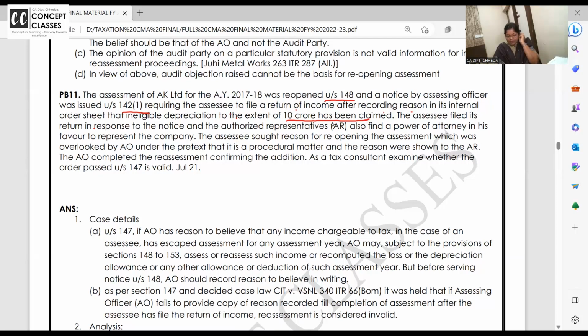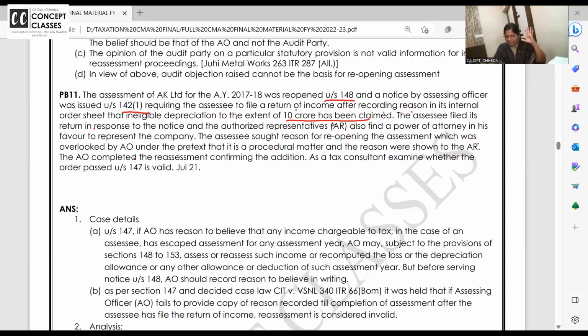The assessee filed its return in response to the notice. An authorized representative also filed a power of attorney in his favor. The assessee sought the reasons for reopening assessment, which were overlooked by the AO. See, when you open the case under 147, you have to give the assessee an opportunity of being heard and tell why you have reopened the case. मतलब आपके पास क्या solid information?